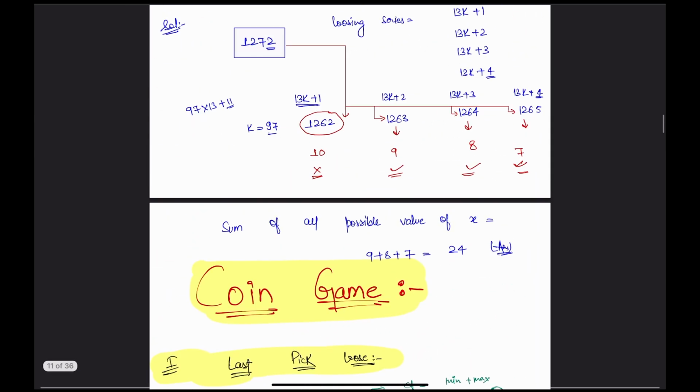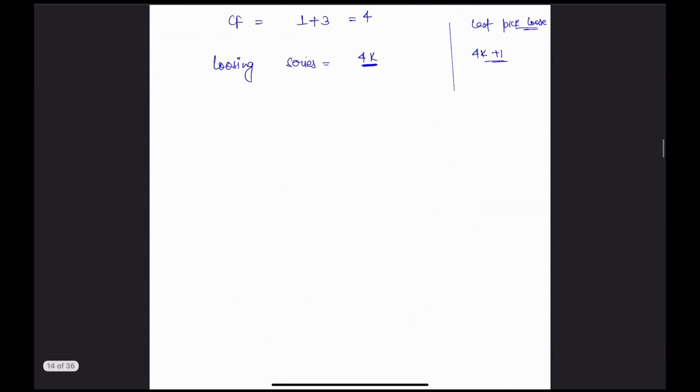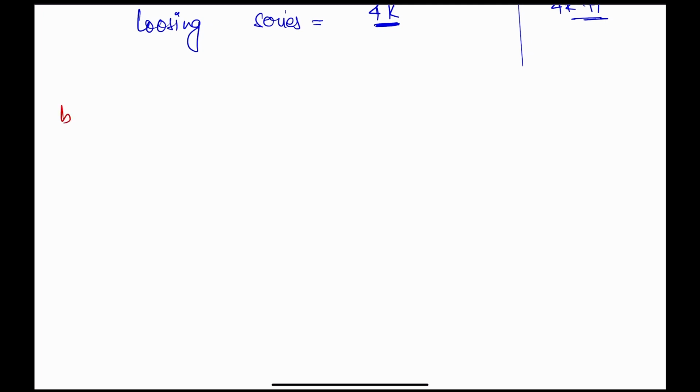Similarly, in the last one lose, the A part we choose 1, so the B part you have already guessed, B part will be 2, and let's take 4, let's not complicate by taking a big number. And then again same conditions, A and B alternate.